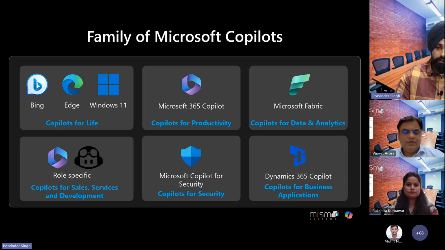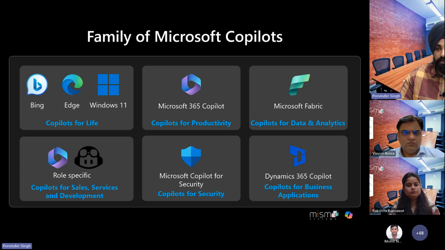Now, if we stick with Microsoft, they have a lot of pre-built copilots that you can use. So I've made a category for each of them. If we start with copilots for life, these are the copilots which are already built into tools like Bing, Edge, and Windows 11. They help users carry out some regular tasks in their environment.